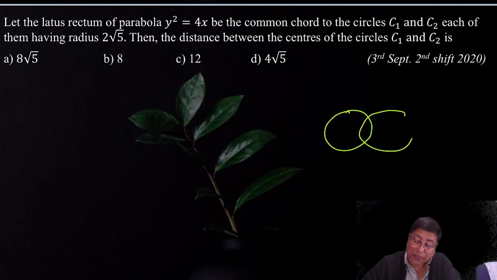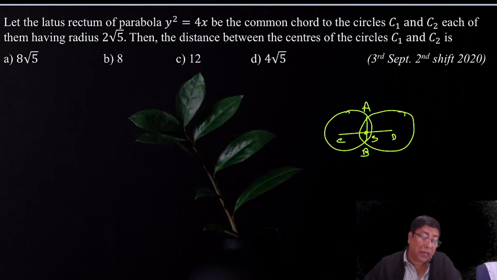Suppose these are two circles, I am not drawing the parabola. Suppose this is the latus rectum, this is circle C1. Suppose this is C, this is D. AB is the latus rectum, and the middle point is S.